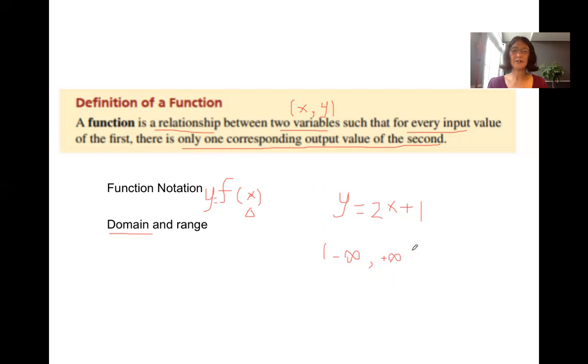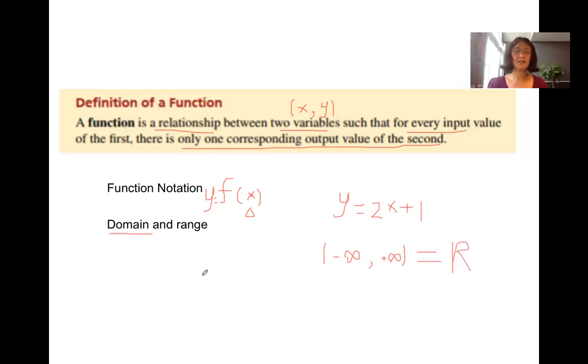And this is the domain of x. And the range for this function is also from negative infinity to positive infinity. This is actually the same as the real numbers R.